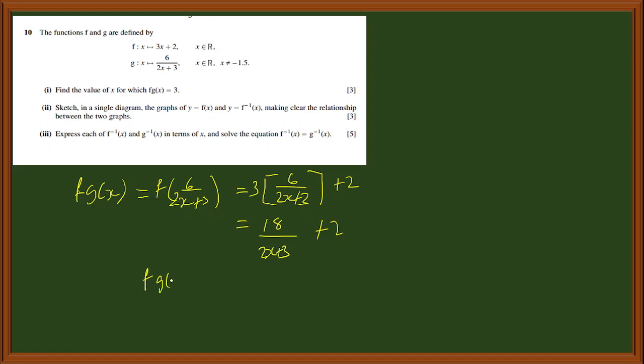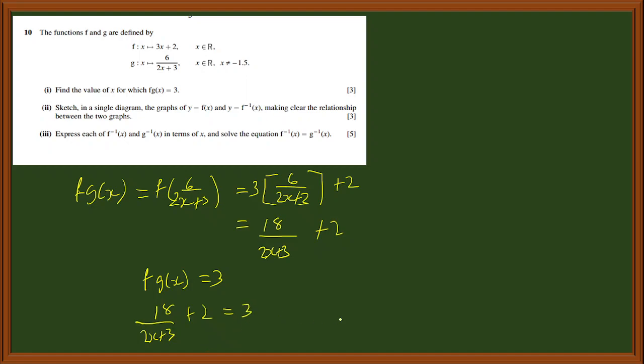They're saying fg of x is equal to 3. So we are going to replace the left hand side with 18 over 2x plus 3 plus 2 being equal to 3.